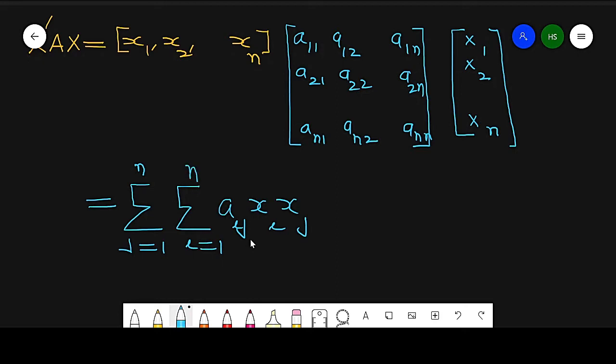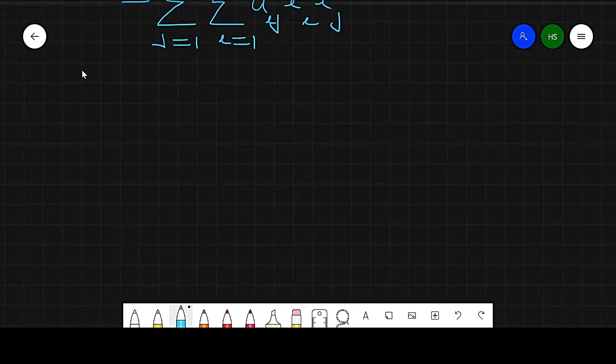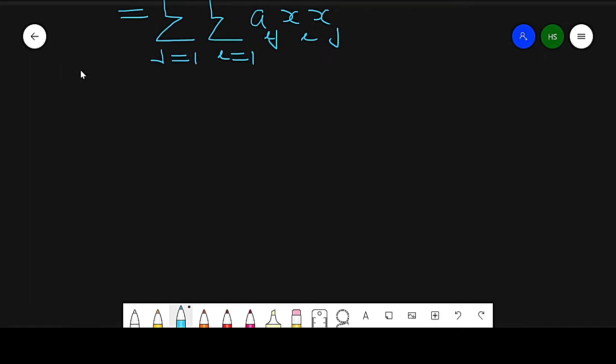So this quadratic form can be written as X transpose A X. Remember that the quadratic form can be written as a product of these matrices. Now, for example, if I take i running from 1 to 2 and j running from 1 to 2, I will understand it by using the example.